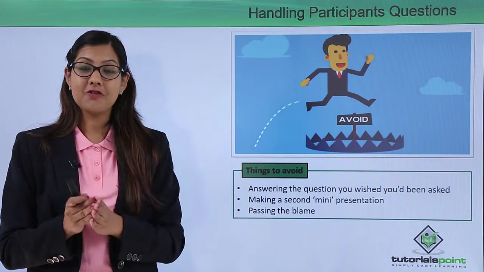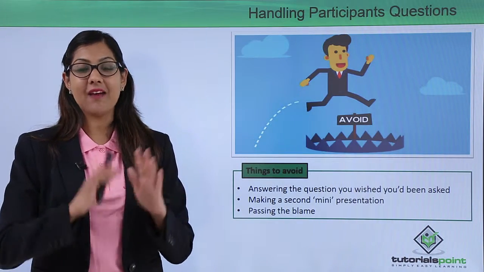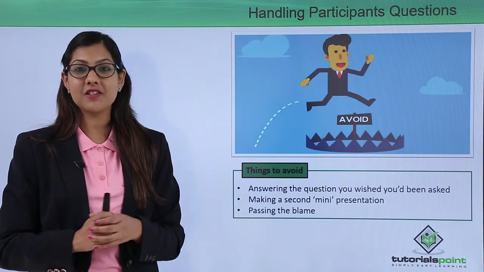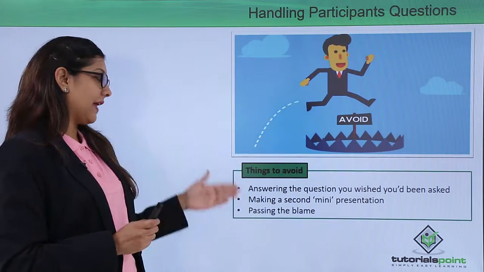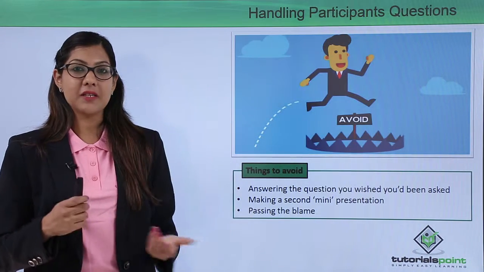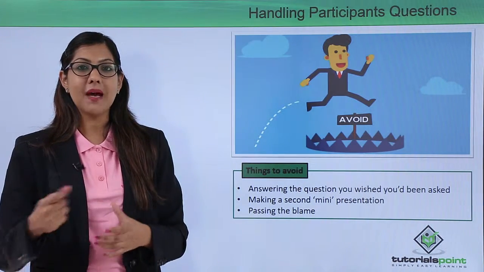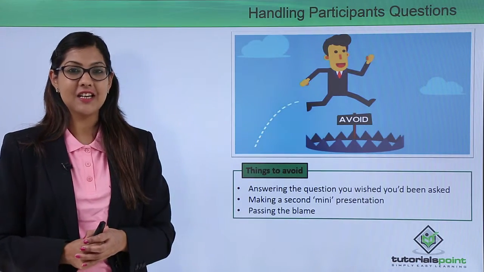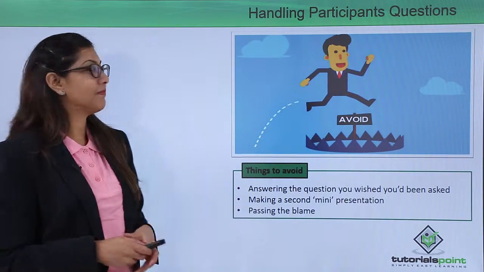Well, do not try to deviate from the topic and have a separate mini presentation just because one of the people has asked you that particular question. And thirdly, do not pass the blame. Do not pass it to the coordinator or to the manager or to anybody else who was involved in making that particular content. So do not pass the blame.